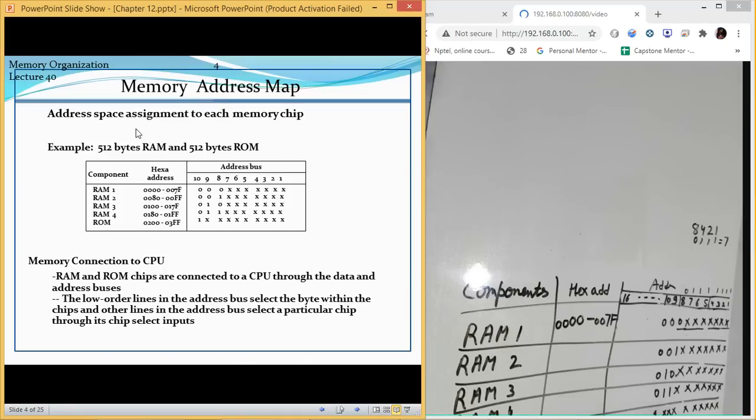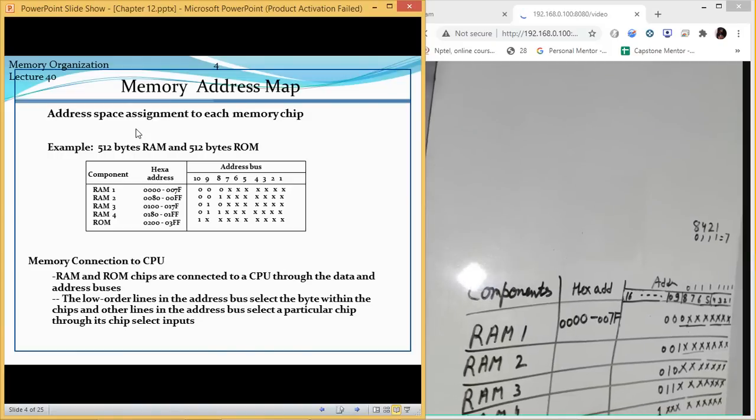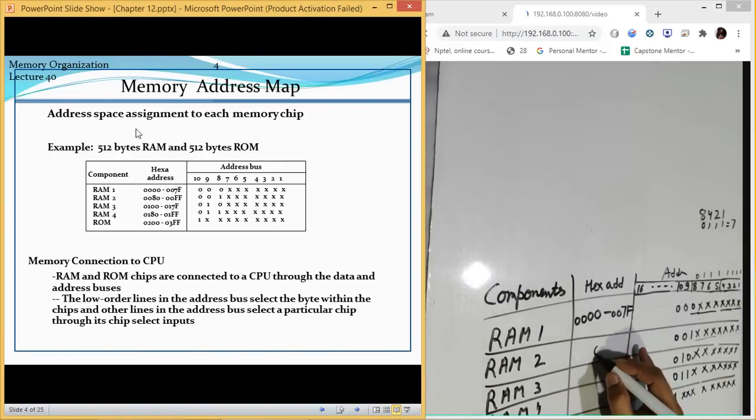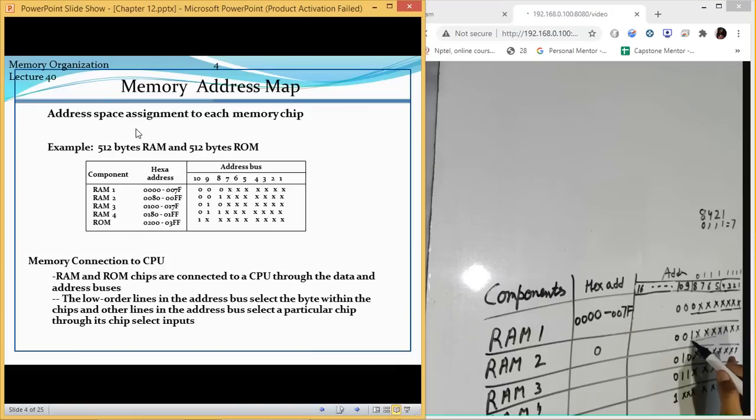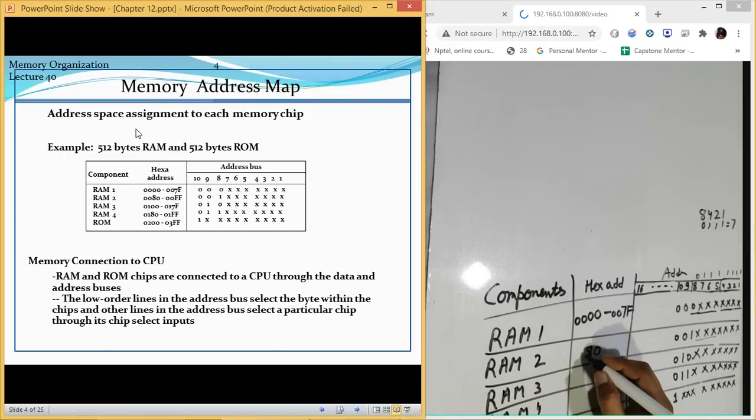Now let us do it for the second chip. If I make all these values 0 and calculate the address, what will it be? It will be something like 0. Even if I make all these values 1, this value of 8 will still remain present. So this value will remain 8. Then these two will be 0.